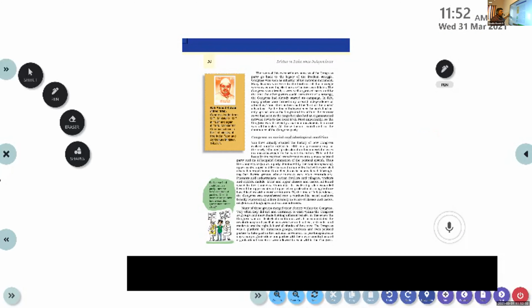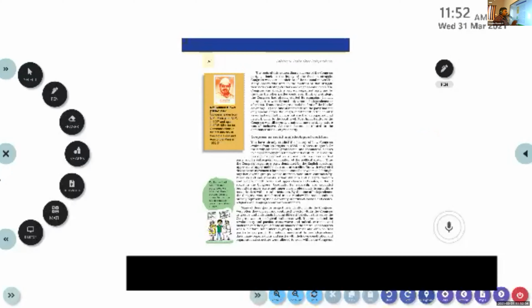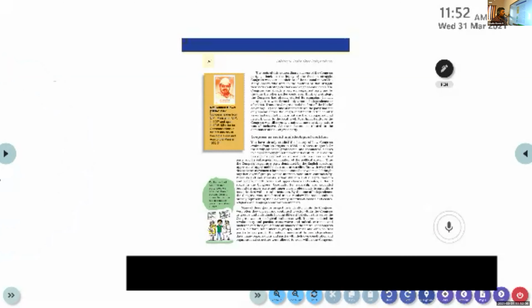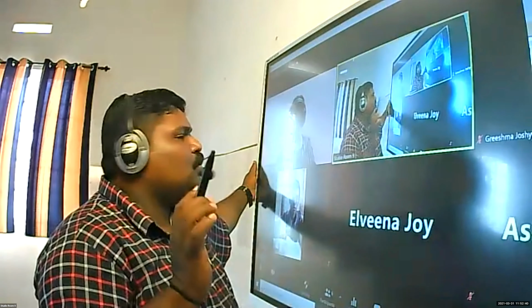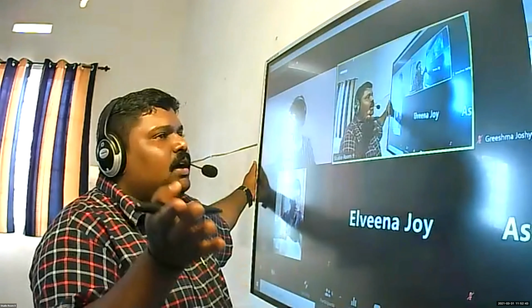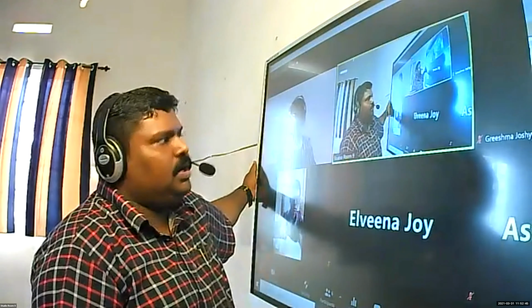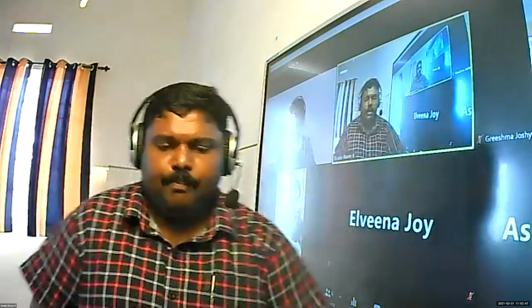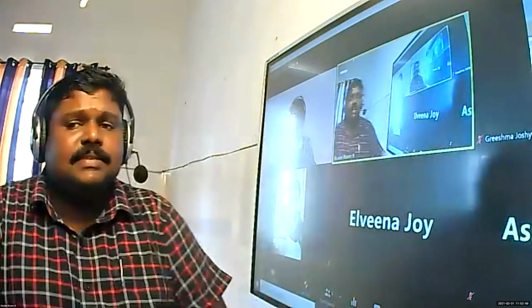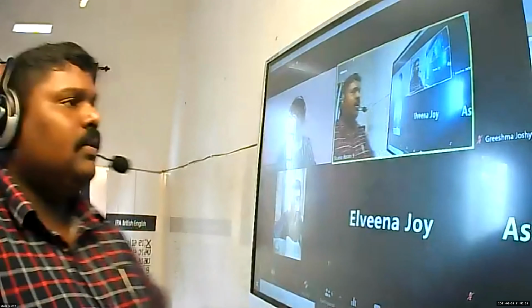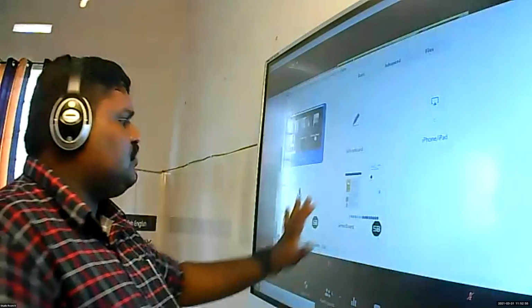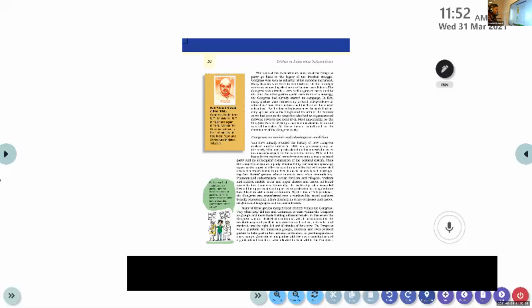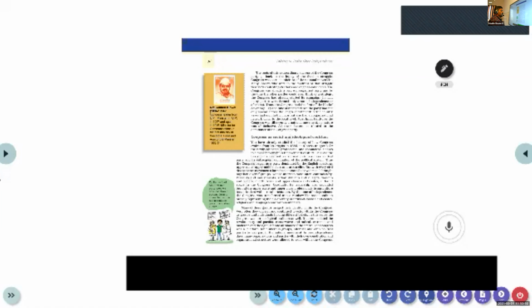It brought together diverse groups, I mean different groups of people: the peasants, artisans, traders, even the Dalits. Almost all the different sections of the people started cooperating with the Congress party, whose interests were often contradictory.